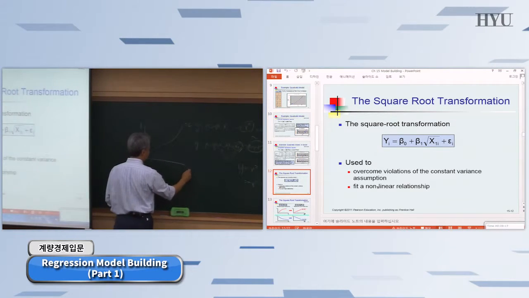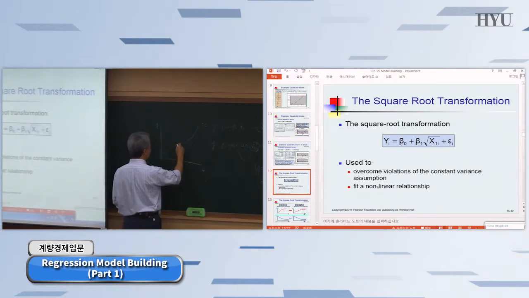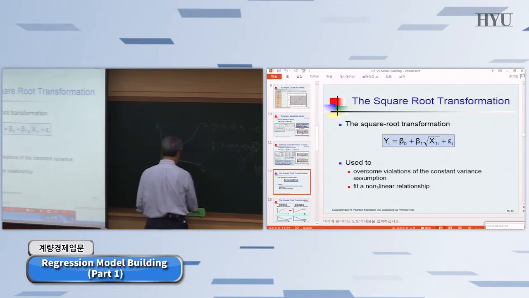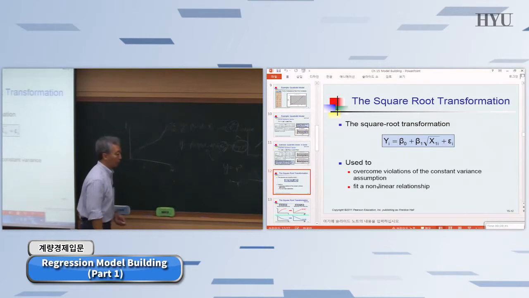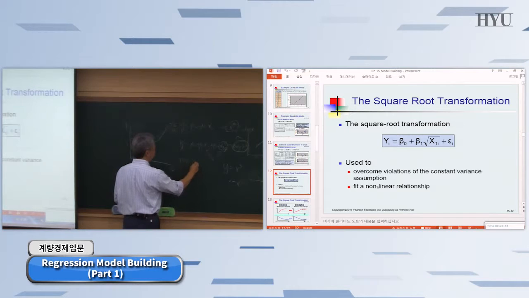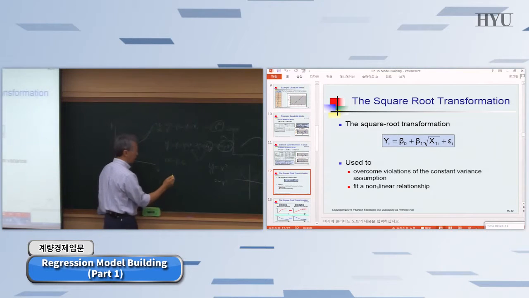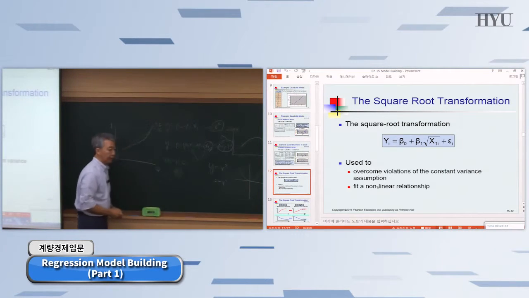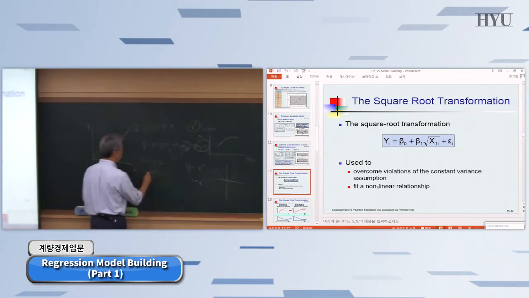Total cost and the output. So initially it slows down, but there is some inflection point. Then after some quantity, total cost accelerates, okay? So total revenue is P times Q. If you're selling your output at $5 per unit, and if you sell 100 units, then your total revenue is $500.